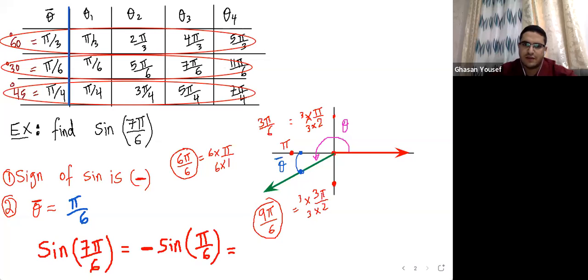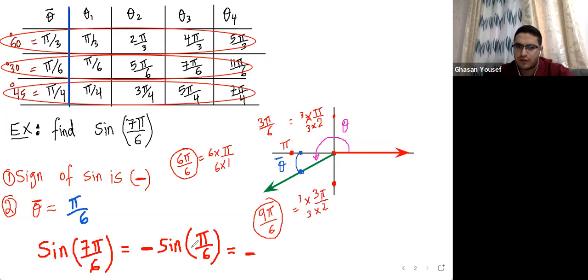Or you can ask yourself, what is the sine of 30 degrees?